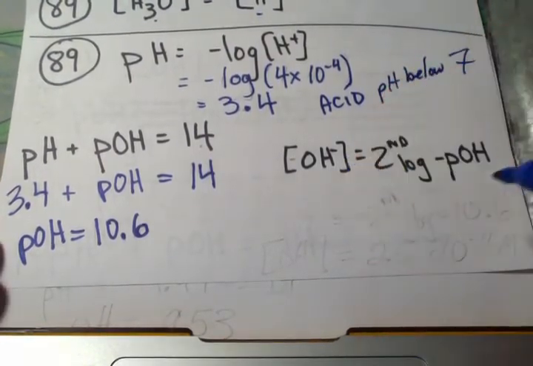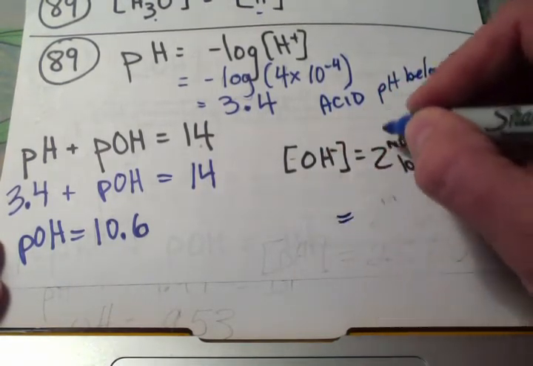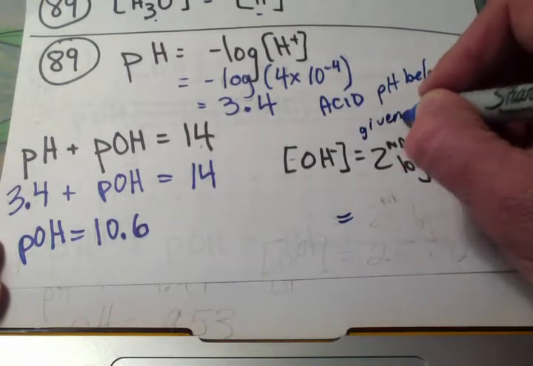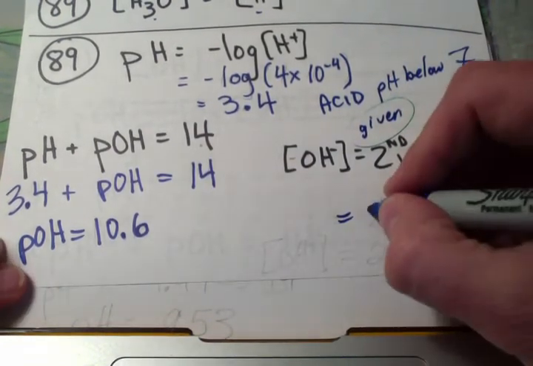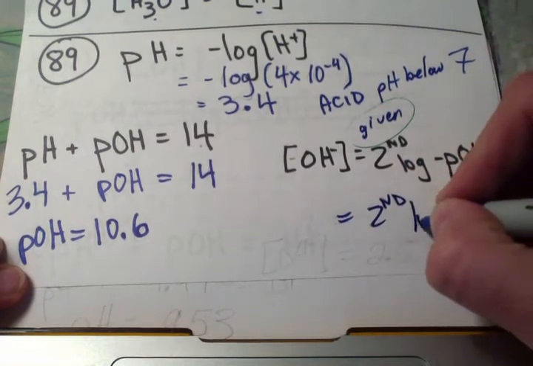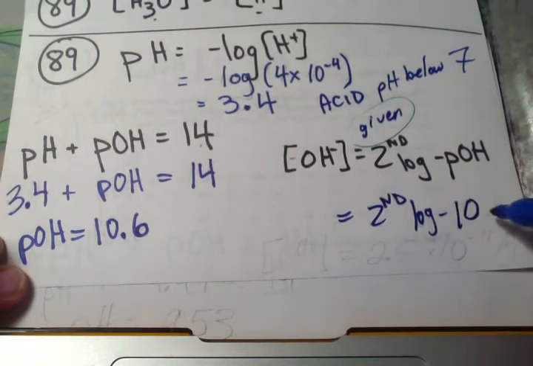So if I know the pOH, remember these equations, please remember. Given our favorite thing with the formulas, it's really, can I find my inverse log button? Your inverse log button is the same as 10 to the exponent.